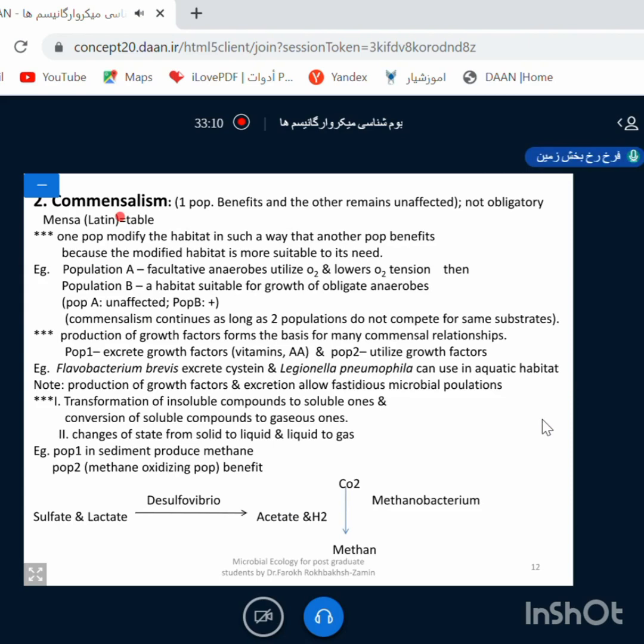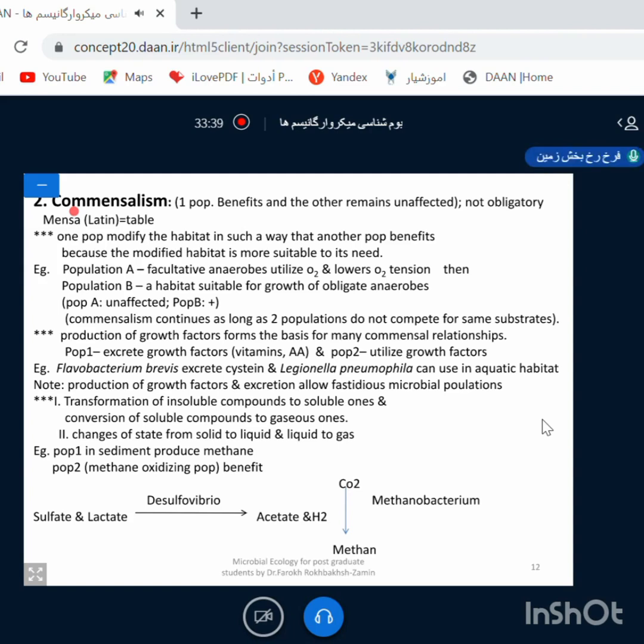Commensalism. Mensa is a Latin word meaning table or food table, and com means common. Common means a food table used by two populations.